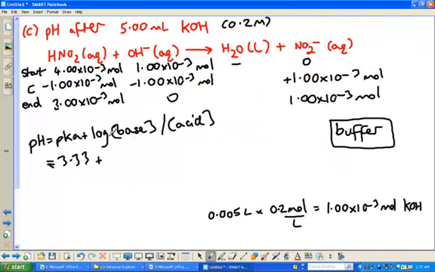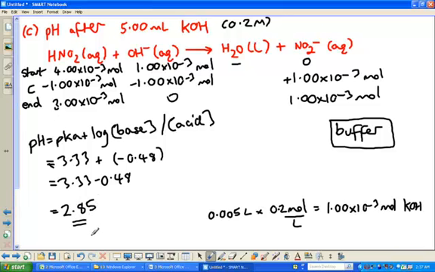Essentially, it's the log of 1 over 3. And that gives us, this is actually negative 0.48. Alright, so 3.33 minus 0.48 will give us a pH of, what is that? I think that is 2.85.